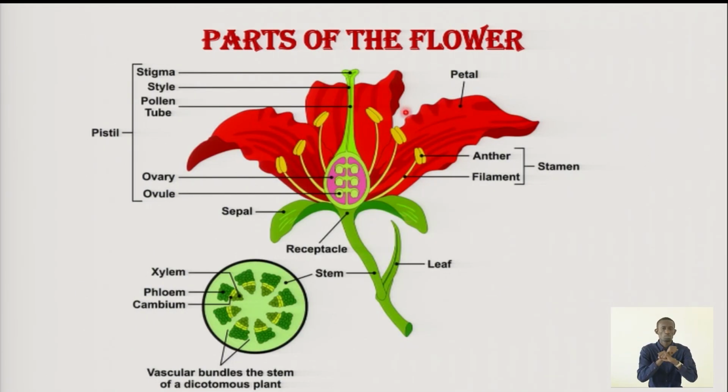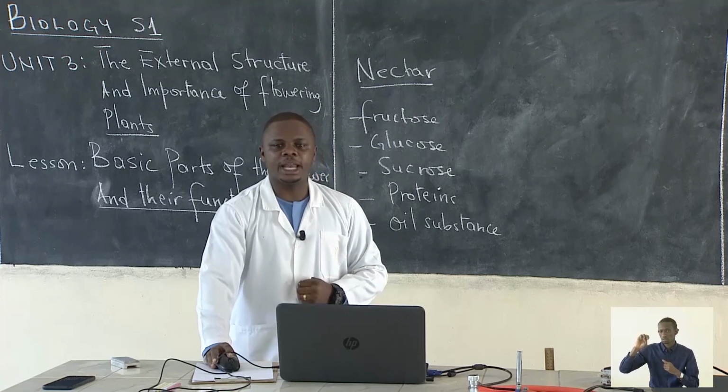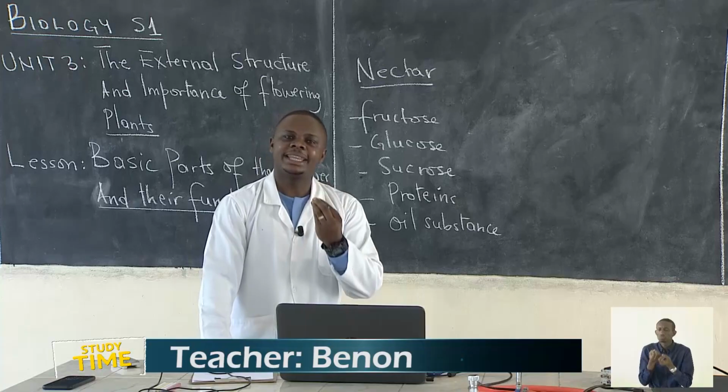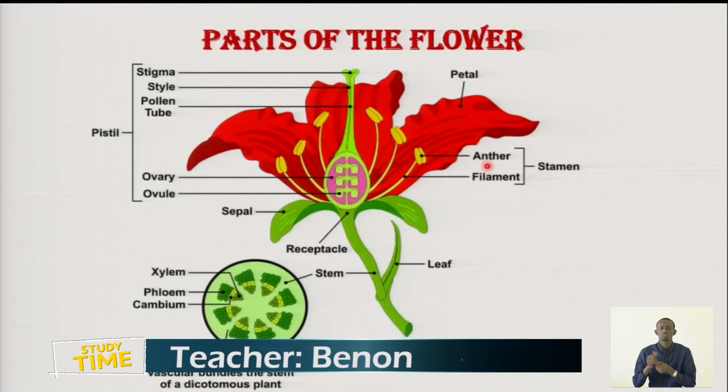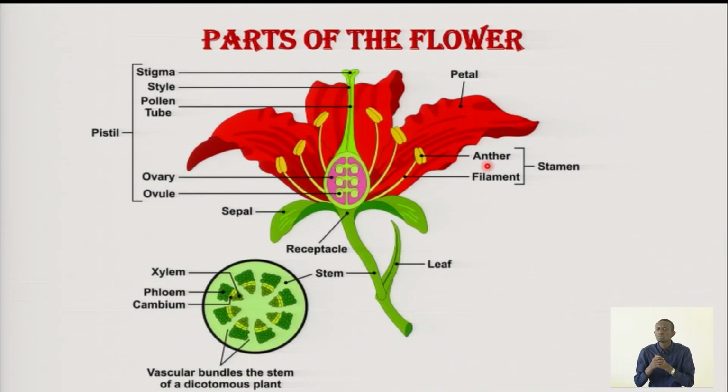It has petals which are colored to attract insects. Then the flower has stamen, the male part of the flower, made up of the filament for holding the anther in proper position. Then there is anther, which produces pollen grains.